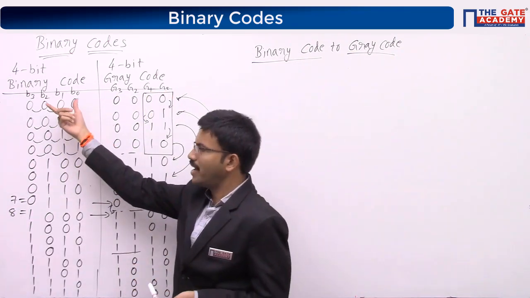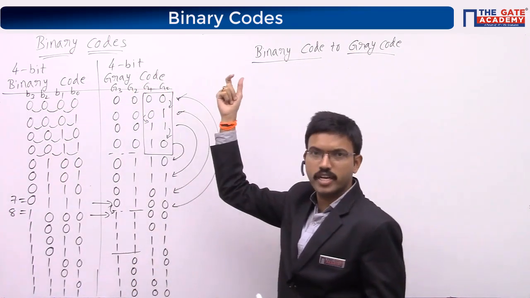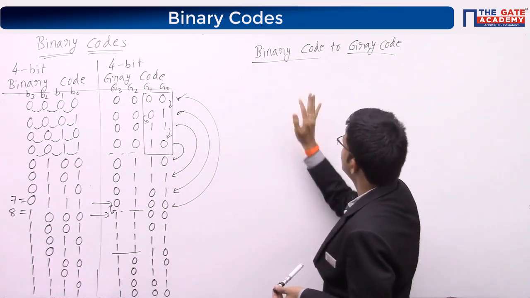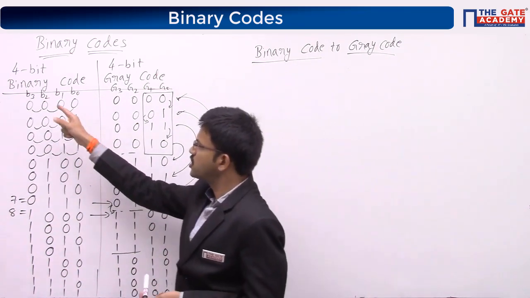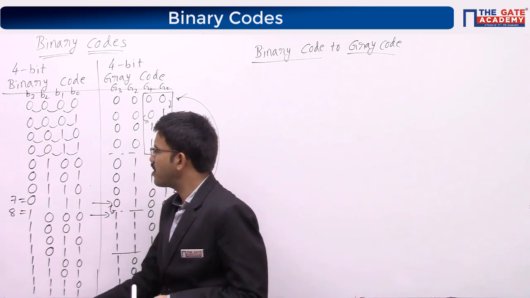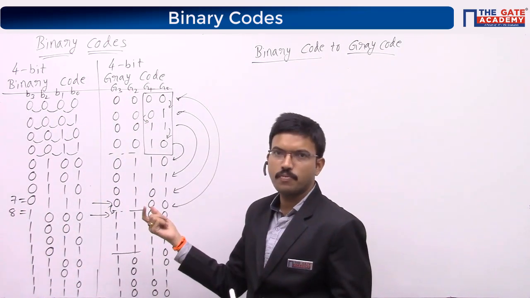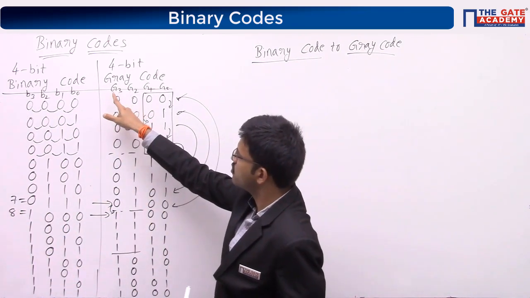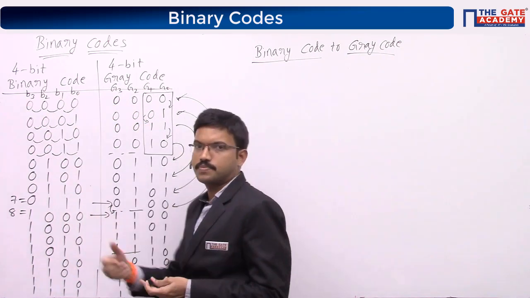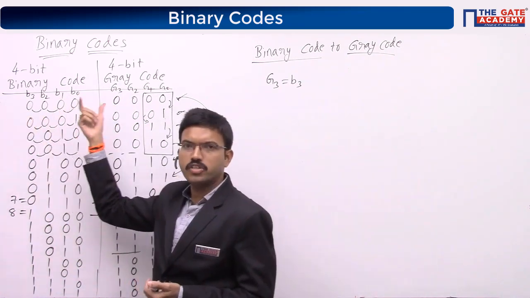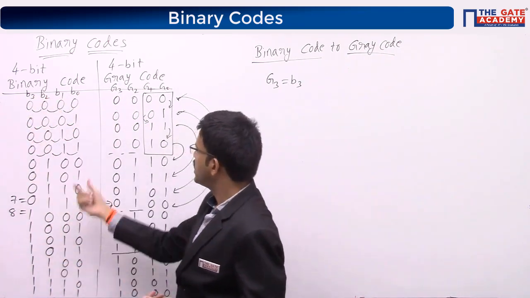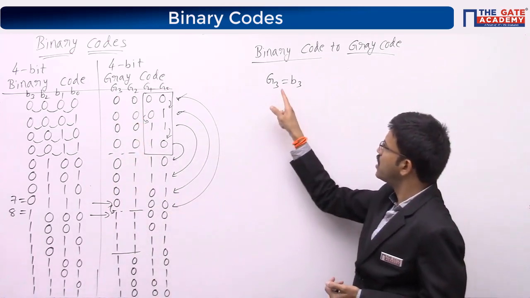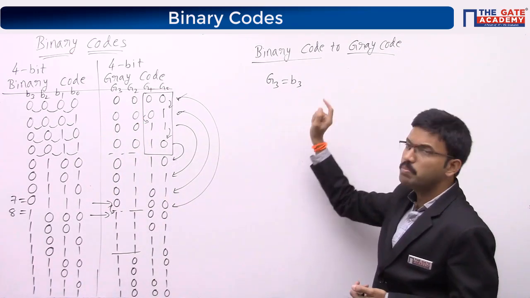Now I have the binary code and I want to convert it into gray code. So first step, whatever MSB bit I have, I copy that bit as it is. So directly we can say G3 is nothing but B3. While converting from binary code to gray code, whatever MSB bit is there, I copy as it is. So I am writing G3 equal to B3.